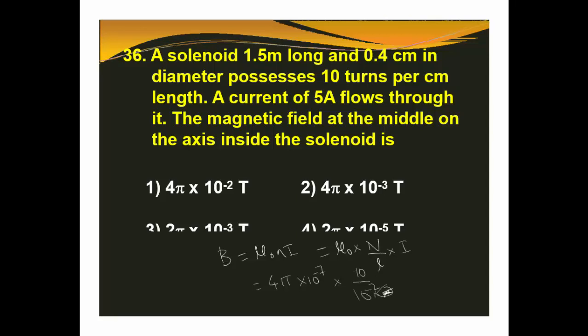Okay. So here once again, current is 5 ampere. 10 turns per centimeter means 10 by 10 raised to minus 2, since a centimeter is 10 raised to minus 2 meter. 4 pi into 10 raised to minus 7 into 1000 into 5.